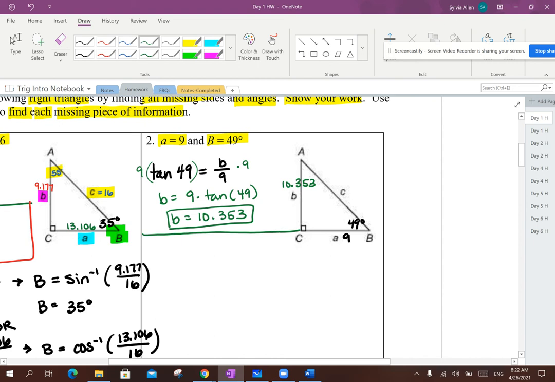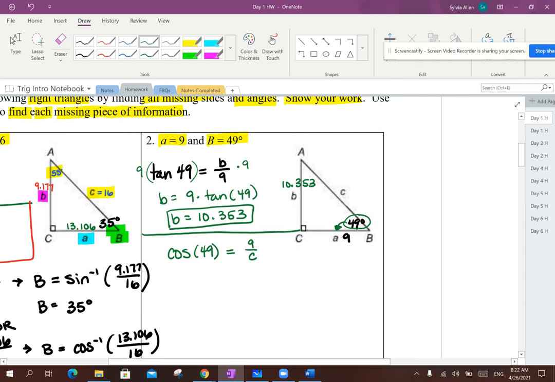All right, now let's go ahead and do cosine of 49 degrees. So cosine, because that's adjacent and that was given to us over hypotenuse. So let's go cosine of 49 degrees is equal to 9 over c, right? Adjacent over hypotenuse.